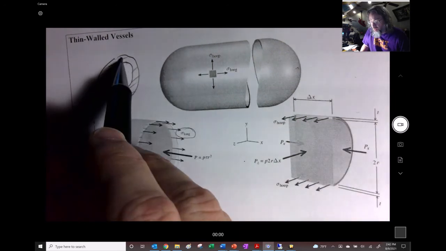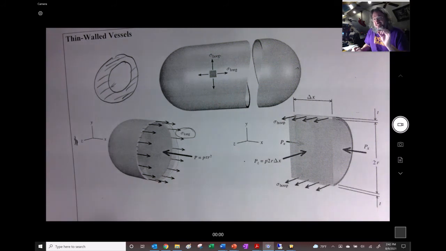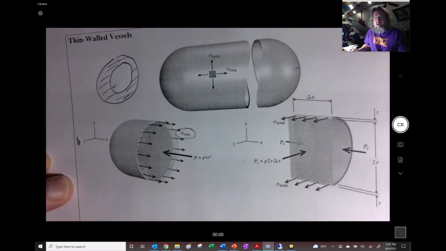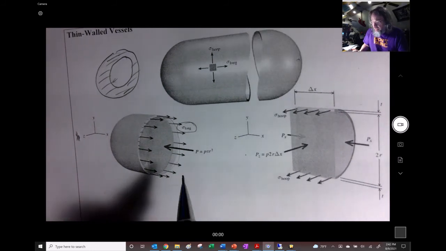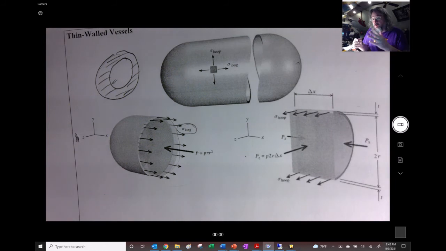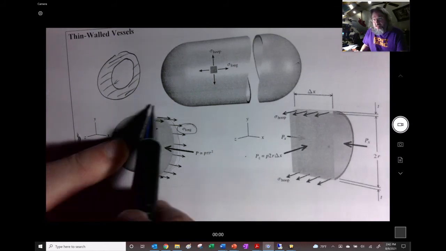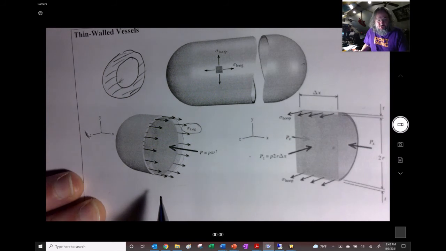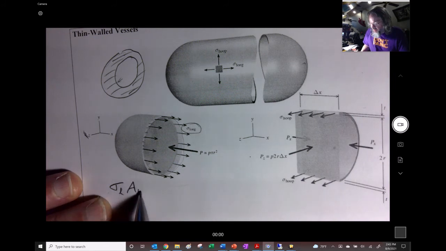If you have the circumference of the thing and you multiply it by the thickness, if it's thin enough, then the area that you would have right there would be the circumference times the thickness, right? And if you were going to get the total force inside this metal, you would have this longitudinal stress multiplied by the area of the wall.